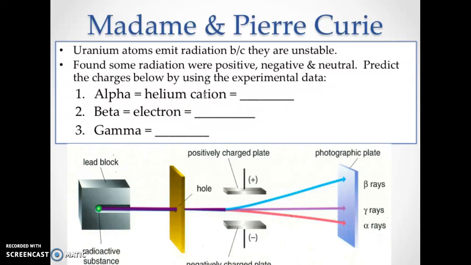So helium is actually what's spit out from a radioactive atom when unstable, and based on this diagram, you could conclude that alpha particles are positive. So here you would put that they are positive. Okay, and then beta is negative, and gamma is neutral.